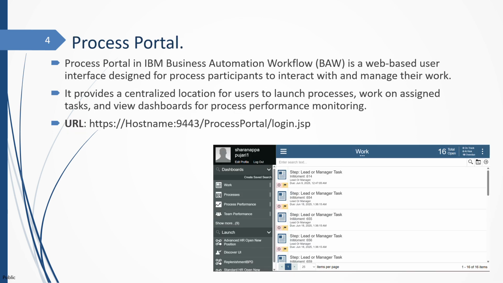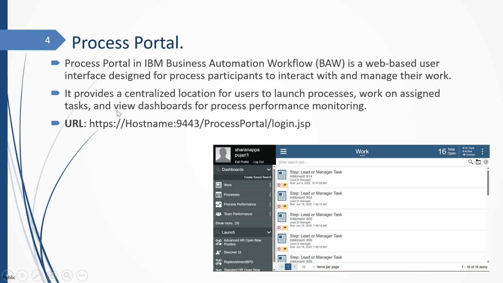Let's go to the next component, which is Process Portal. The Process Portal is a web-based user interface where real-time users work on their activities or tasks. Process Portal provides a centralized location for a user to launch processes or to assign work or a task to their name or to their team members as well.